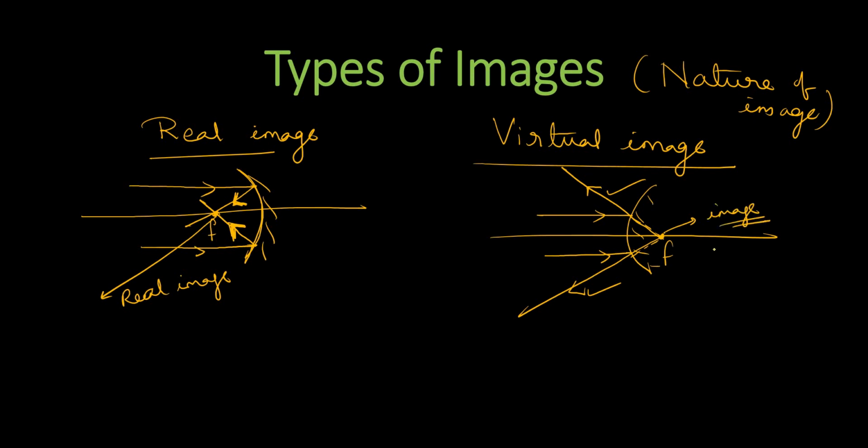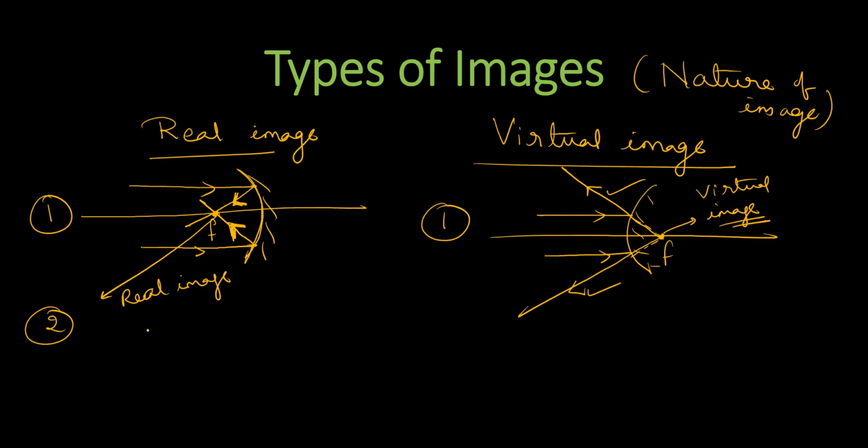This image is formed without actual intersection of the reflected light rays, so such an image is known as a virtual image. That is the definition of a real image and a virtual image.